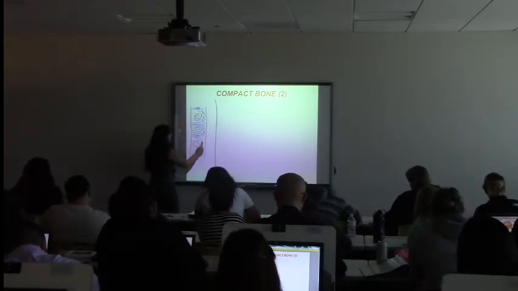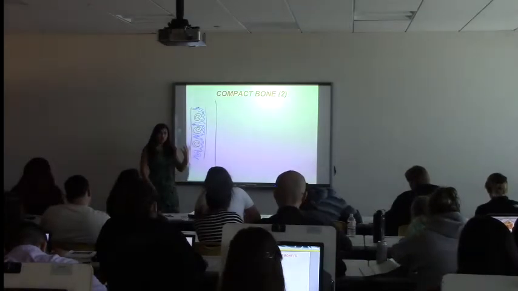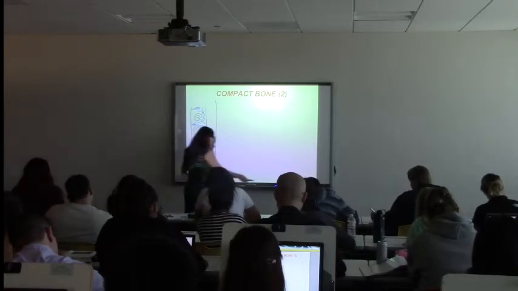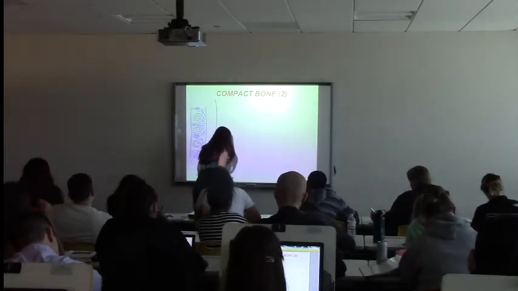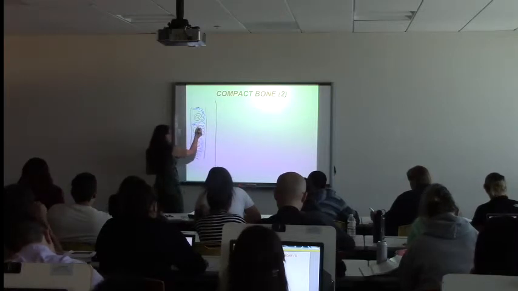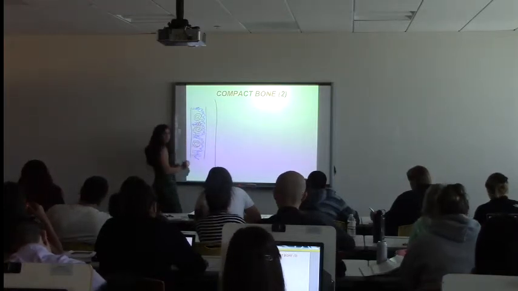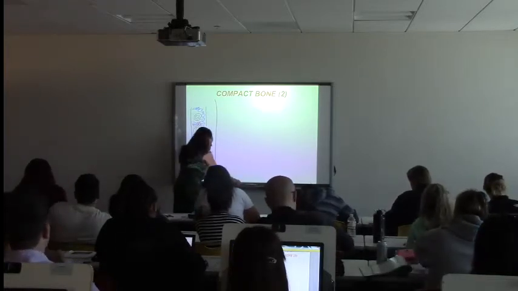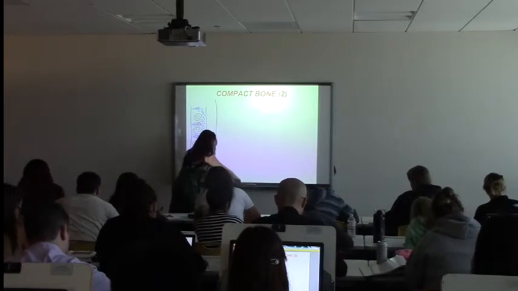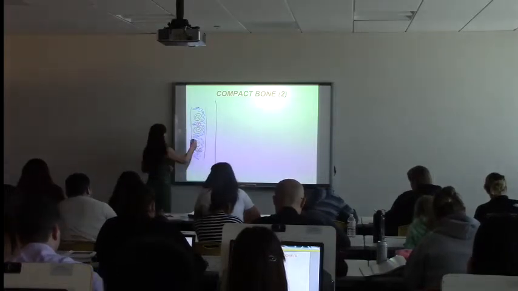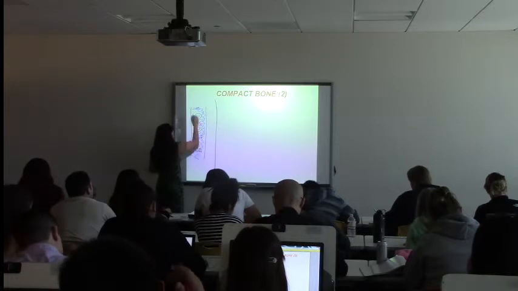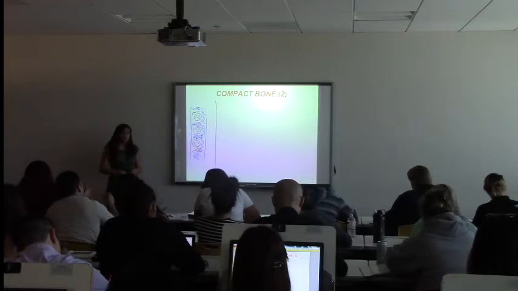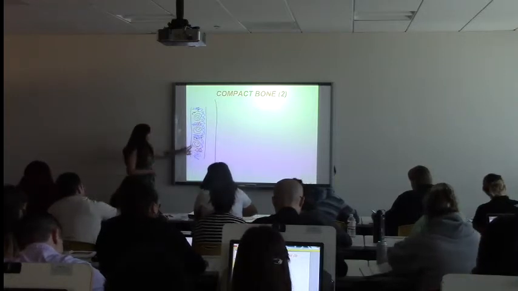What is the matrix of the bone made up of? Osteoid, which is a protein, and minerals, which are calcium and phosphate. I'm going to abbreviate OS as osteoid. Calcium and phosphate. Does that make sense? What are the several things? Osteon.